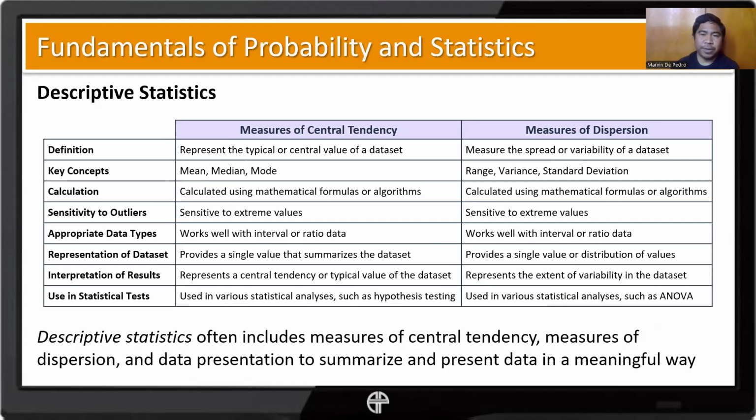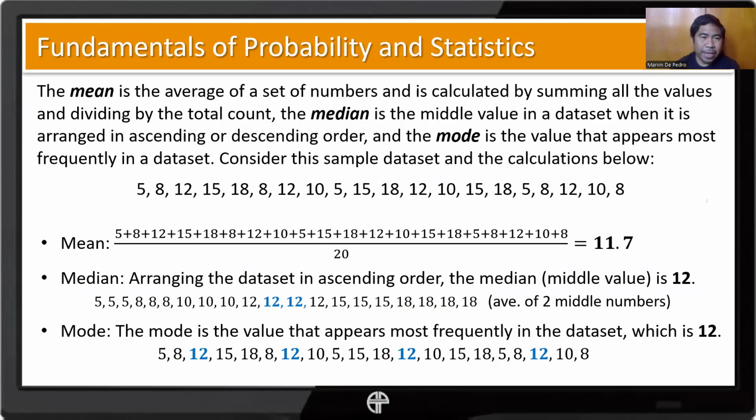In statistical tests, it is especially crucial in ANOVA, or analysis of variance. We're going to talk about that maybe in the third module.